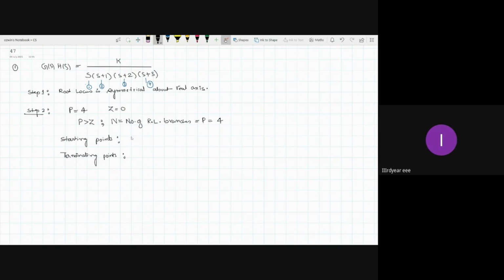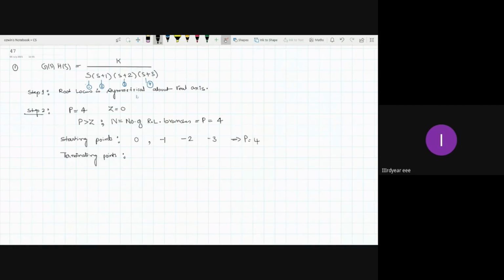Starting points can be written as: the first factor, when you equate it to 0, gives the root value 0, and the other factors give the pole values -1, -2, and -3. So these are the starting points. Remember P is equal to 4: 1, 2, 3, 4.